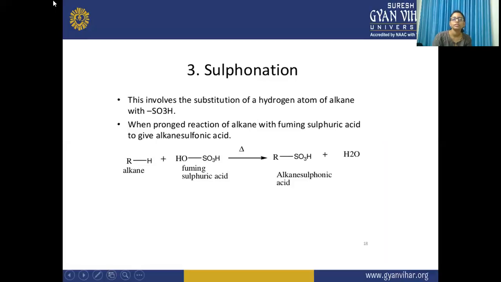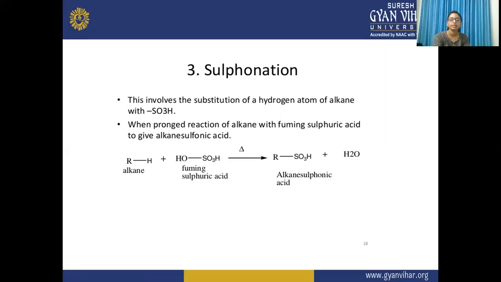So the third type of substitution reaction is the sulfonation reaction. This involves the substitution of a hydrogen atom of an alkane with SO3H. When an alkane is reacted with fuming sulfuric acid, we will get alkane sulfonic acid.